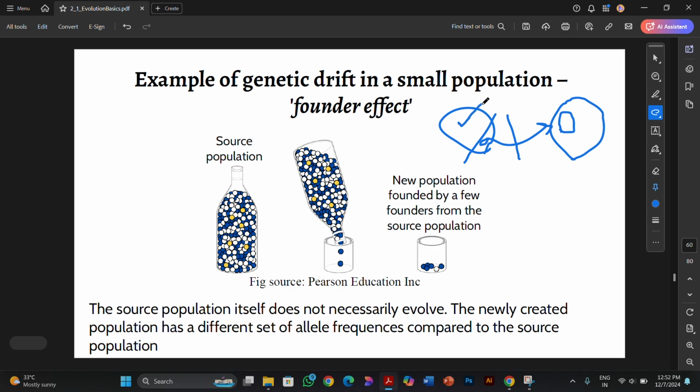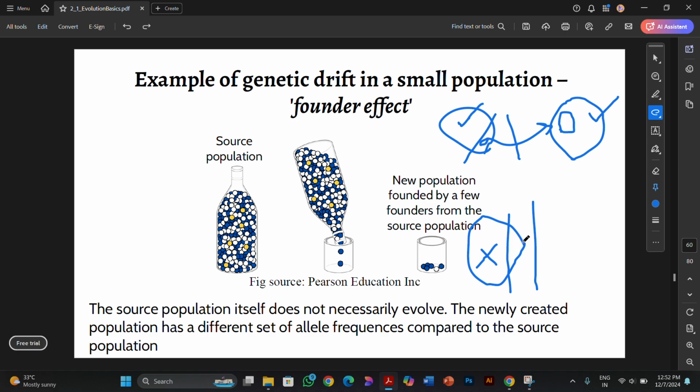Now what is the bottleneck effect? People confuse between these two. About the bottleneck effect, you have this population. Now this part is totally dead, and only this part remains. They don't travel anywhere, they stay there.